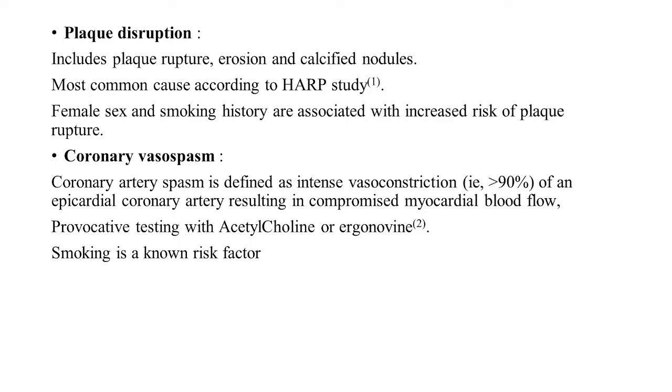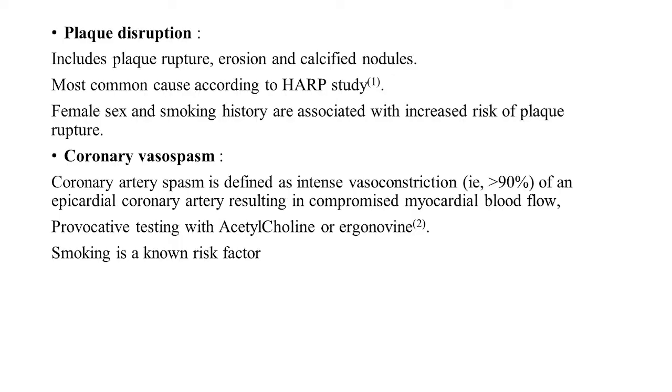So provocative testing with acetylcholine means that acetylcholine has a dose-dependent action on the endothelium of your coronaries. When you give an intracoronary infusion of acetylcholine, let's say at a dose of 2 to 20 micrograms, it will cause endothelium vasodilatation. And when you give a higher dose of 100 to 200 micrograms, it is going to cause vasospasm.